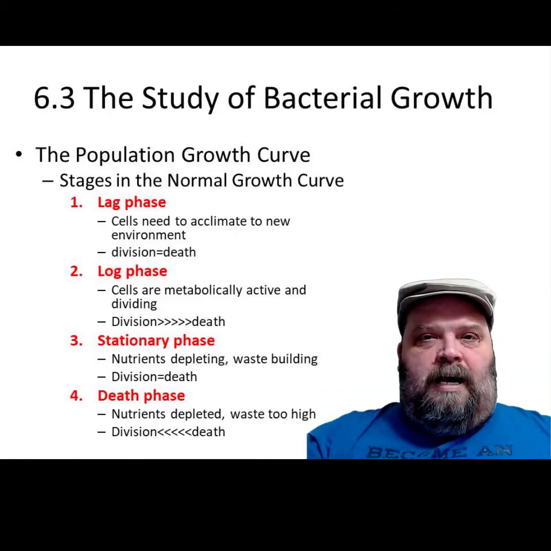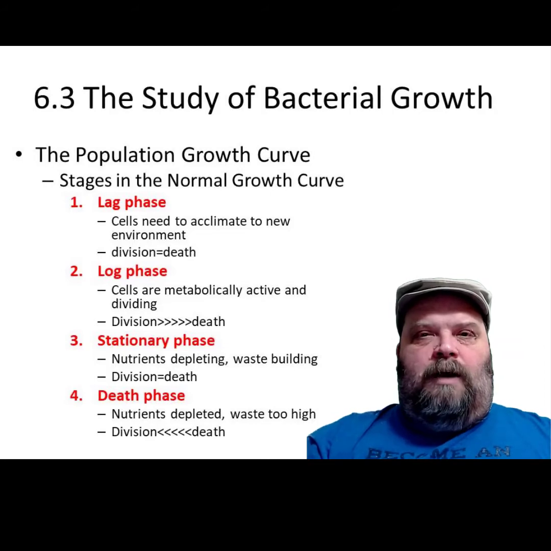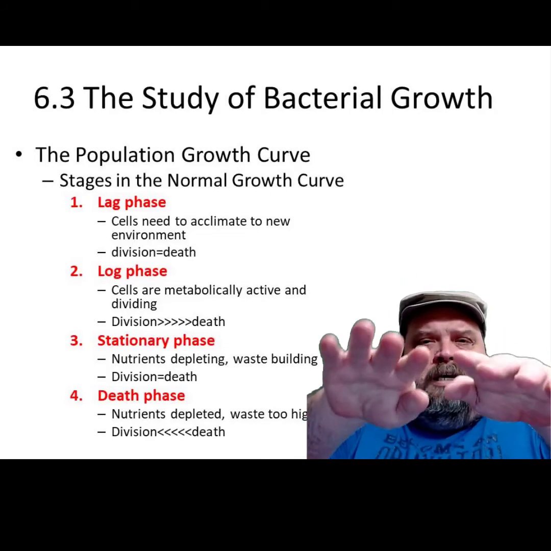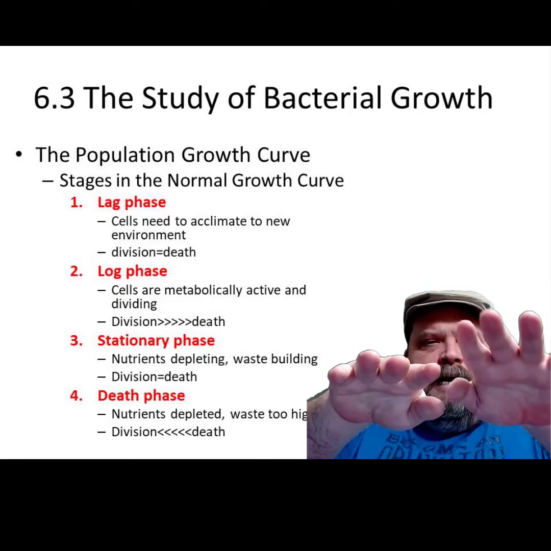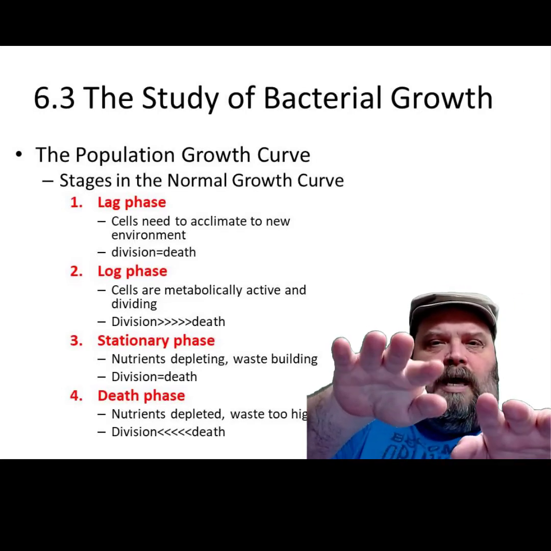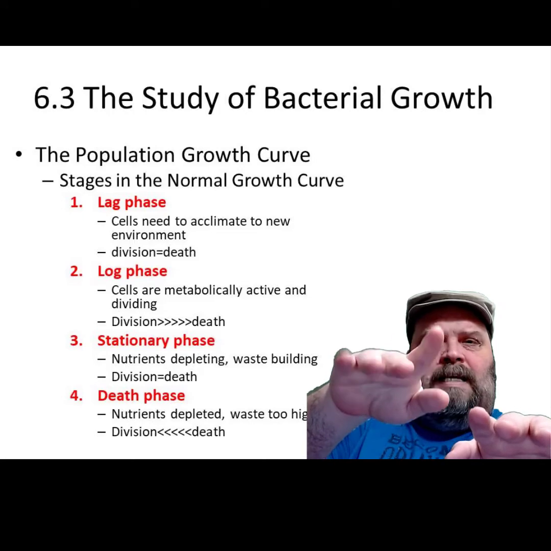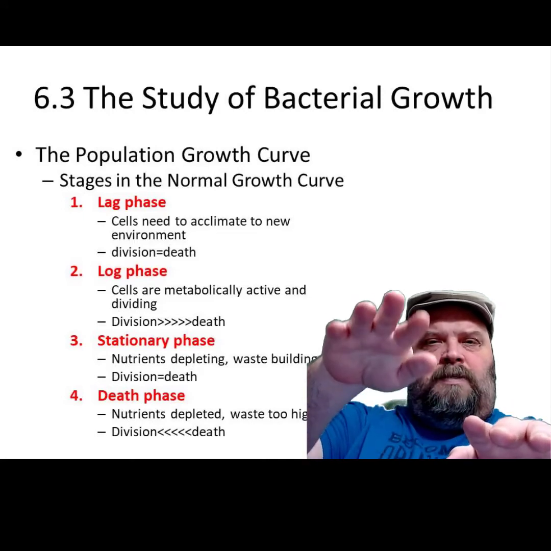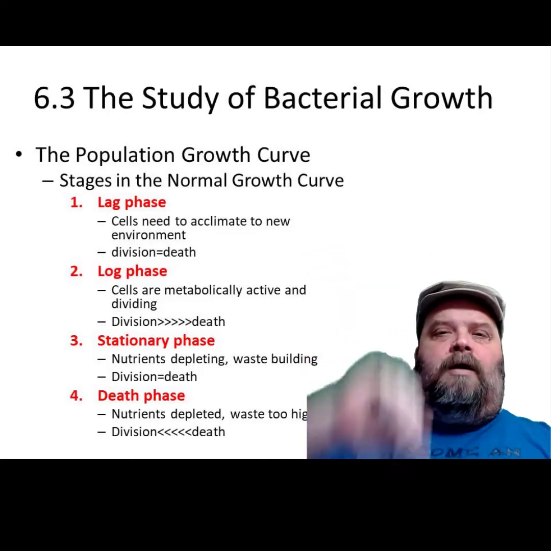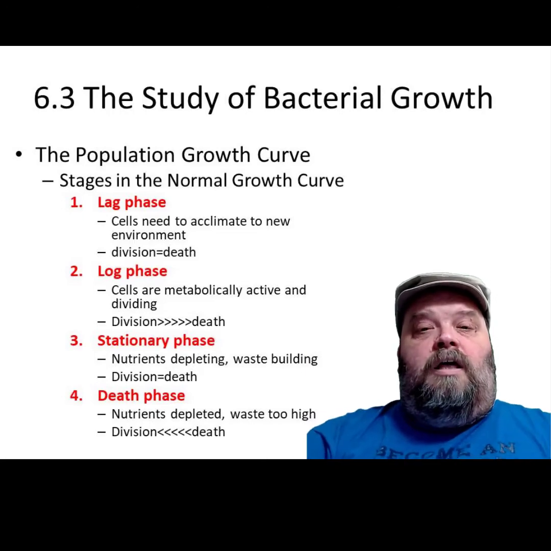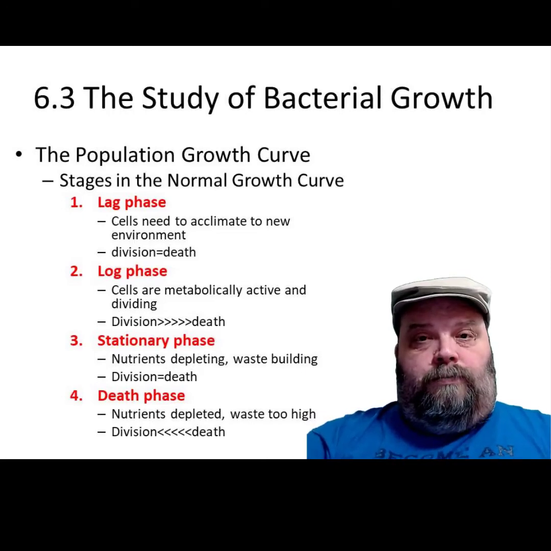Given a little bit of time, half an hour, a couple of hours, depending upon the bacteria, we start to see the number of dying go down and the number of dividing cells, thus the living healthy cells, start to go up and up and up. We call this the log phase.